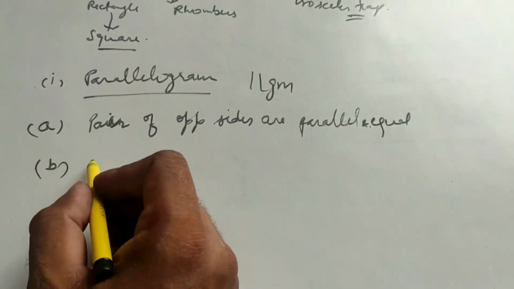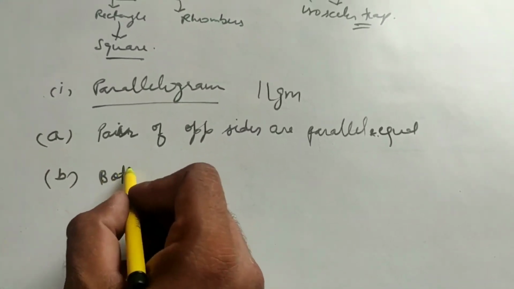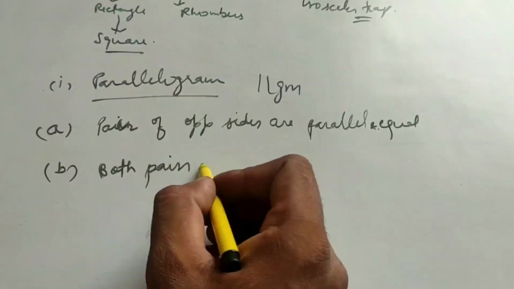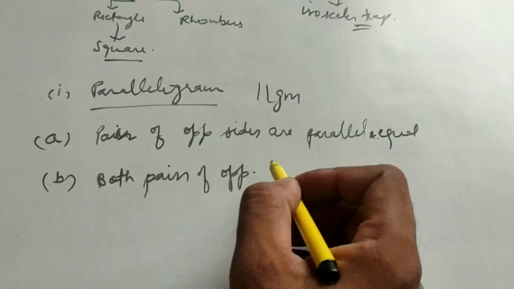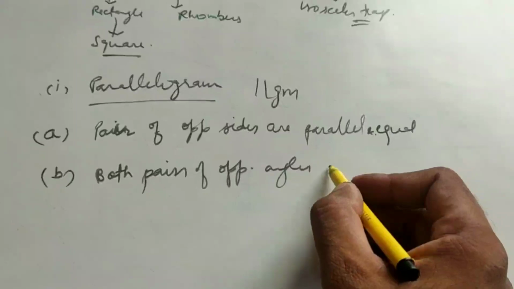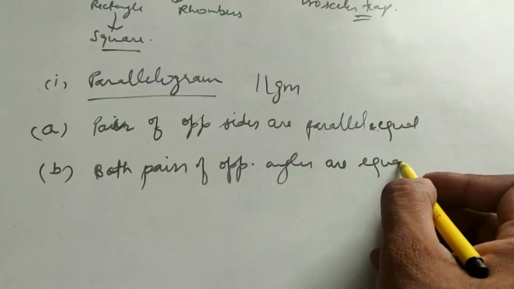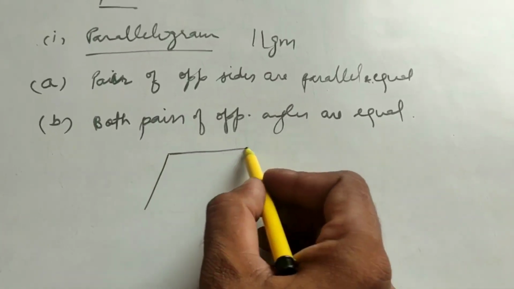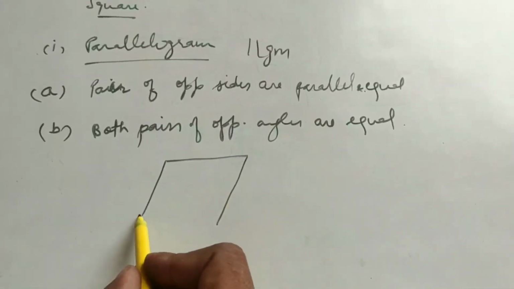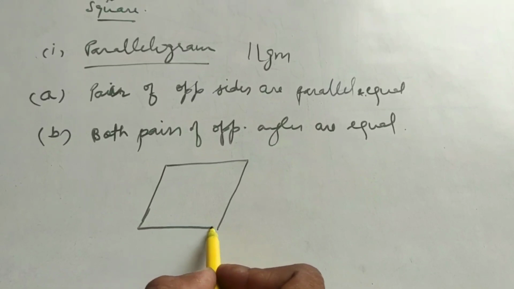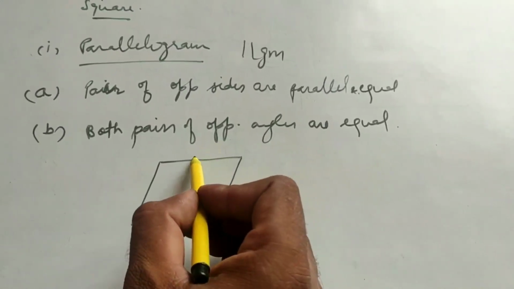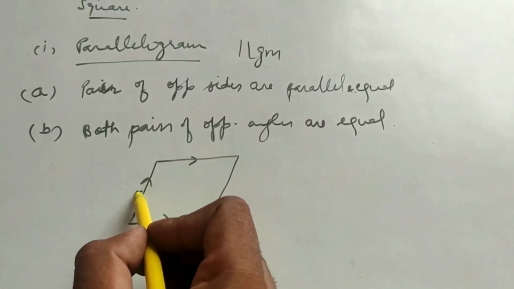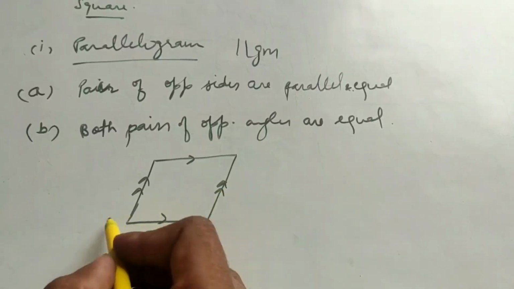Then we have both pairs of opposite angles are equal. Suppose we have this parallelogram, we have these two sides parallel and equal. Now these two will also be parallel and equal, so this is a parallelogram.